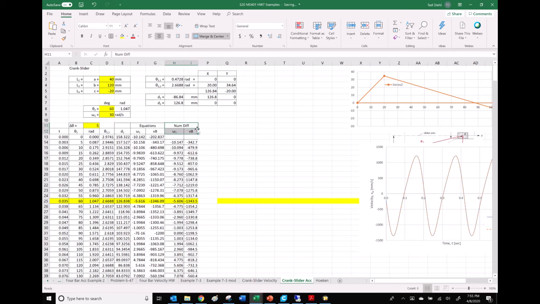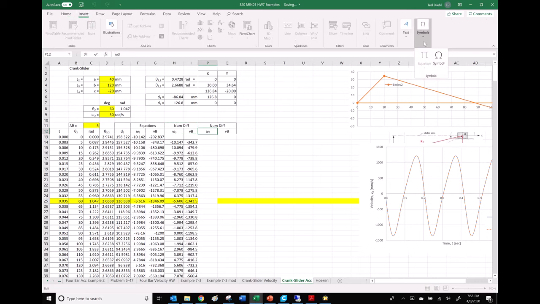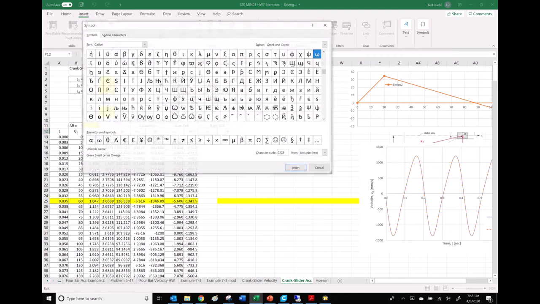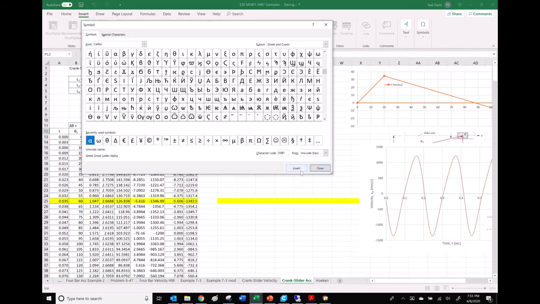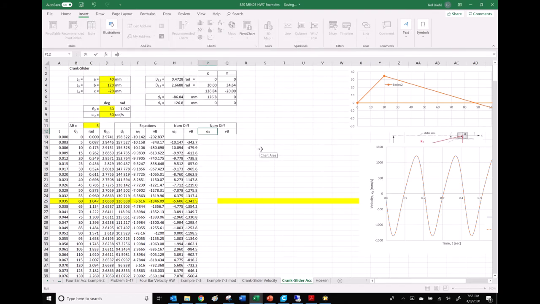And we're going to take the numerical difference again here, but now we're going to use alpha instead here. So we're going to calculate what alpha 3 is going to be. And then we're also going to take the acceleration of B. And so the numerical difference we'll do just as we had done before.